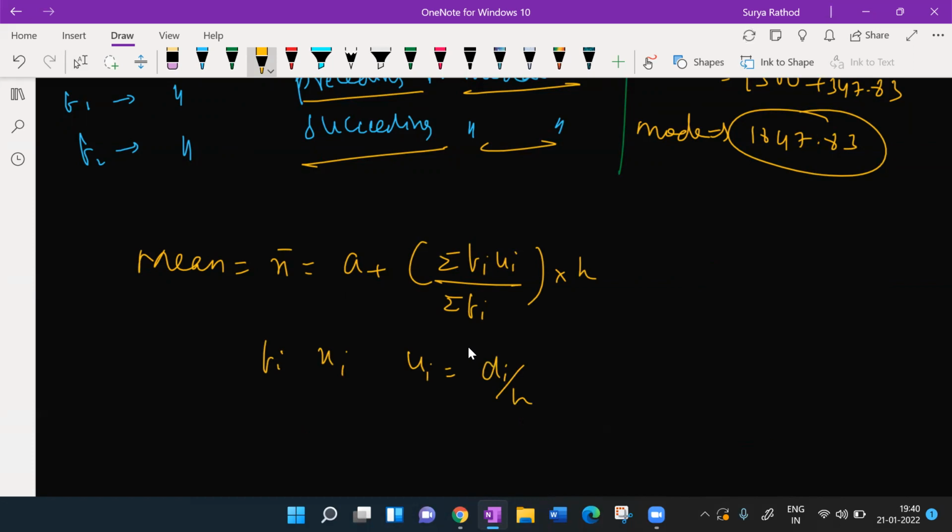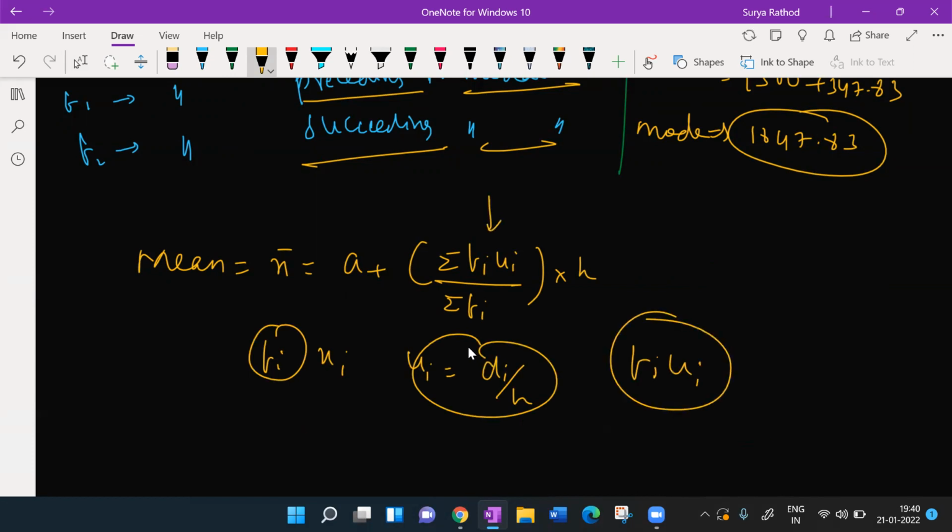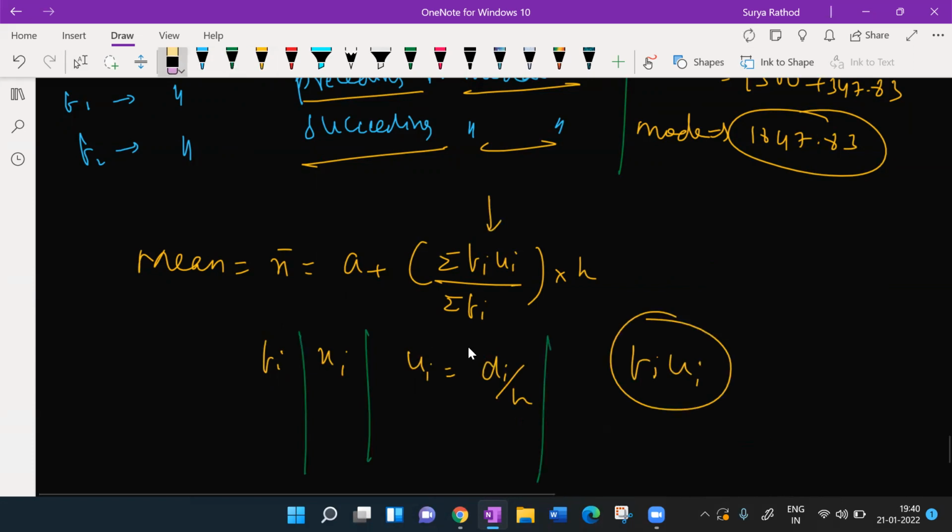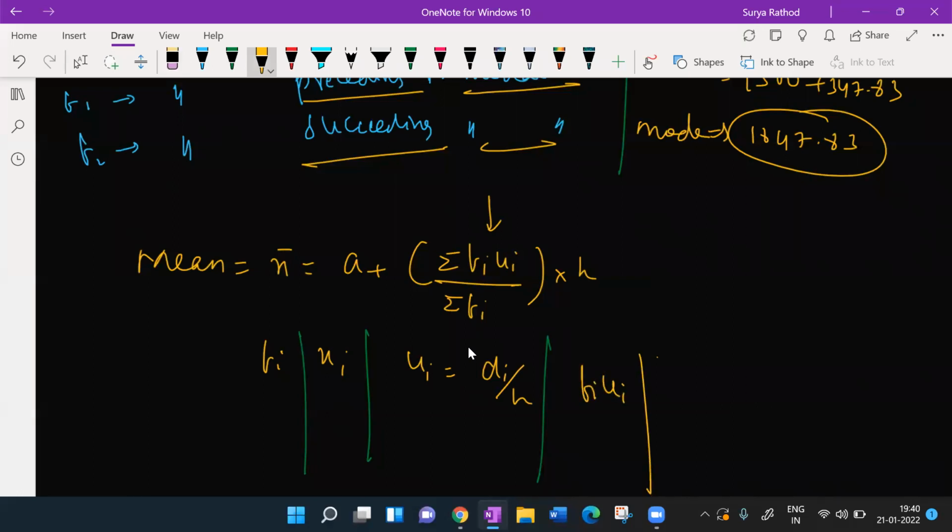You understood my point? So this into this is what? fi ui. Summation of all that you have to write here. Summation of all these frequencies you have to divide, and h. You understood my point, people? fi xi ui ये होता है. Guys, these are the columns you have to make here. fi into di. You understood my point, beta?